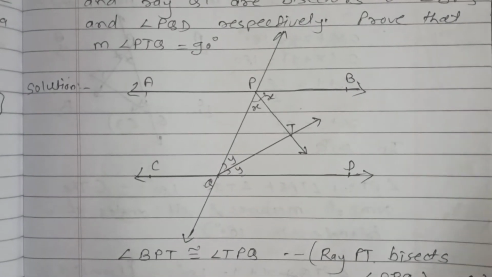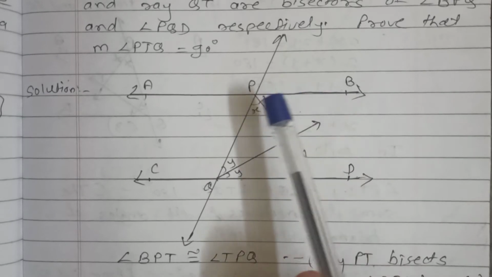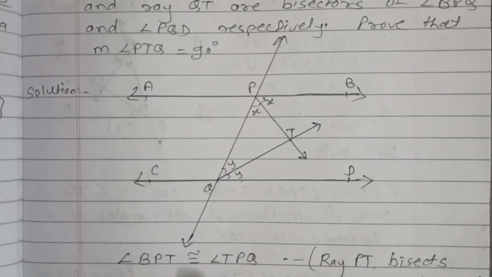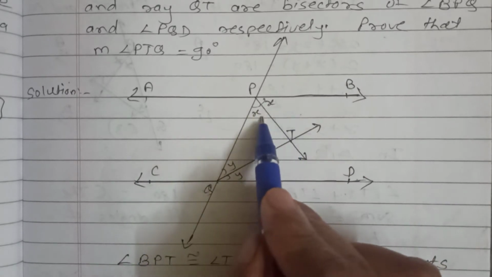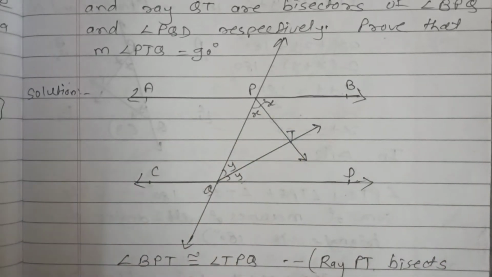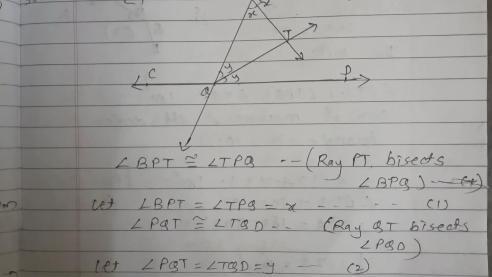Angle BPT is congruent to angle TPQ. These two angles are congruent because the ray PT bisects the angle BPQ.